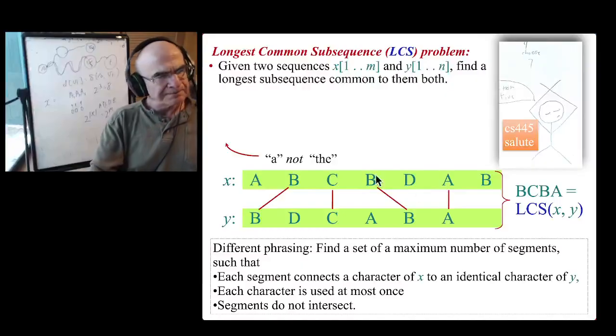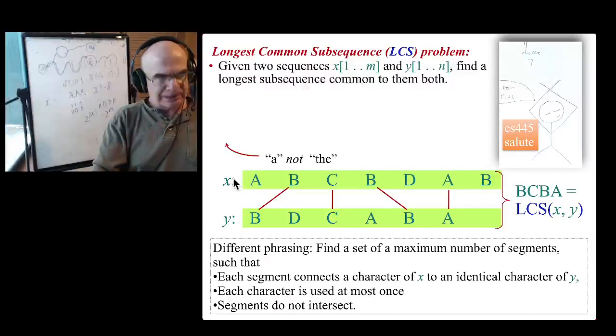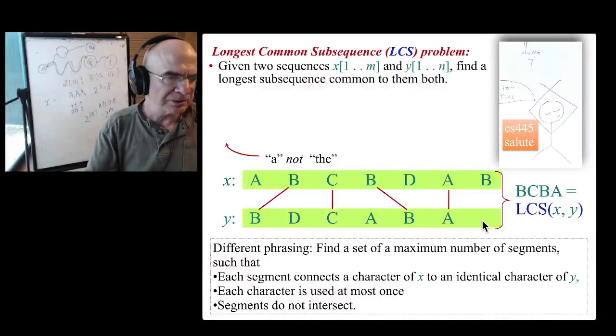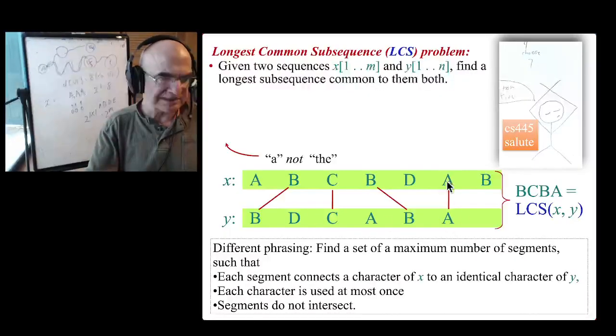And why is it? Let's think about the string X that I write here horizontally and the string Y that I write horizontally as well. And I like geometric problems, so I'll think about the LCS, longest common subsequence, in the following way. If I decide to use an a from here in the LCS, it will match to some a that appears in Y, and I can draw this matching by drawing a segment between them.